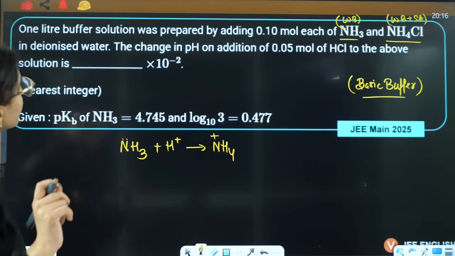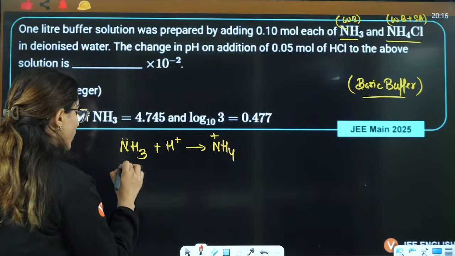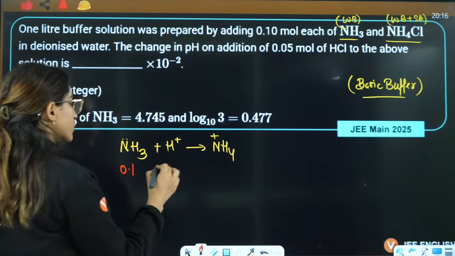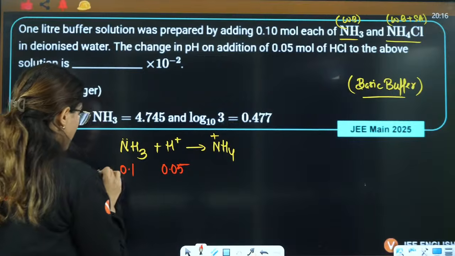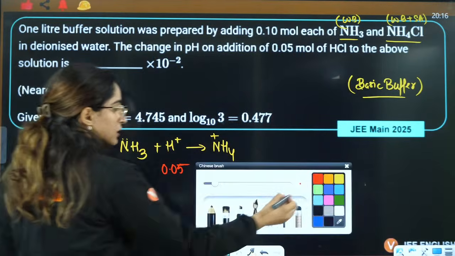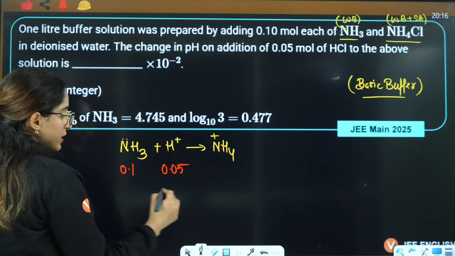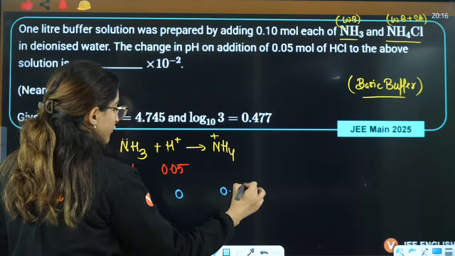0.1 mole of NH3 you have. That means they've already given you that this is 0.1, and how much H positive you have added? 0.05. So after the reaction, what will happen? 0.05 minus 0.05, this will become 0 and this will become 0.05.